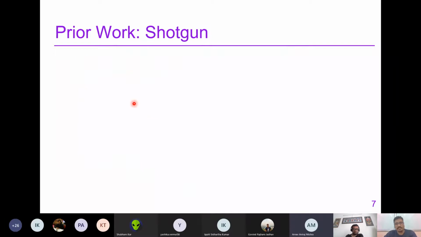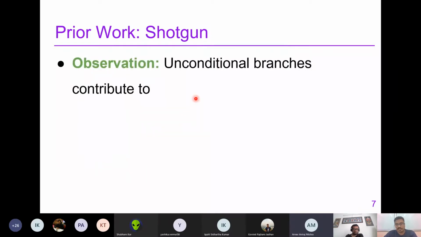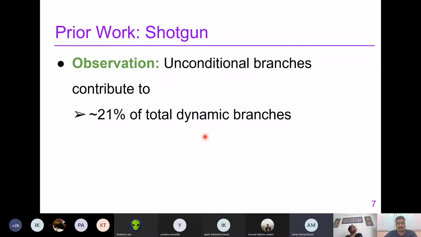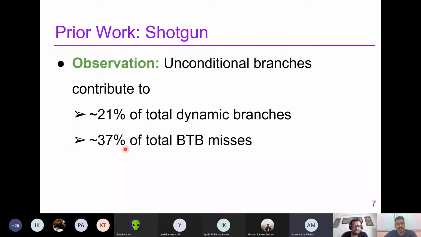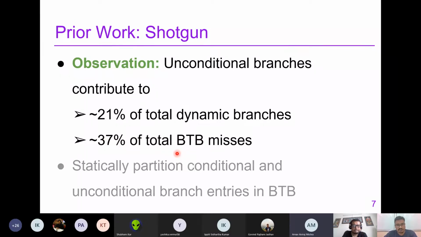The next prior work is Shotgun. It works on the observation that unconditional branches are only 21% of the dynamic branches, a small fraction of the total, yet contribute about 37% of BTB misses.